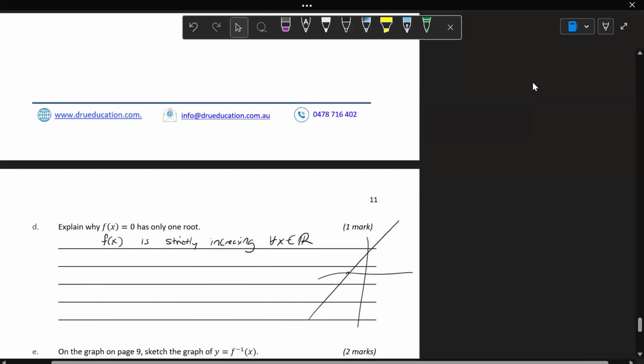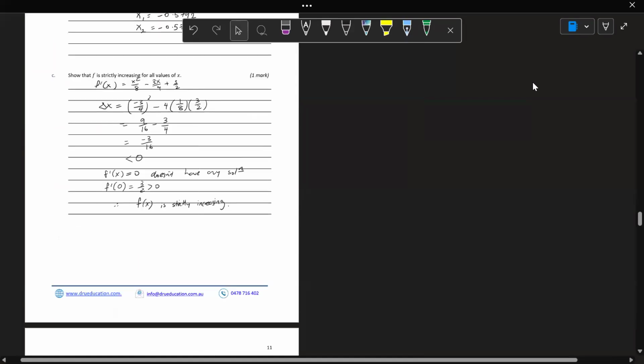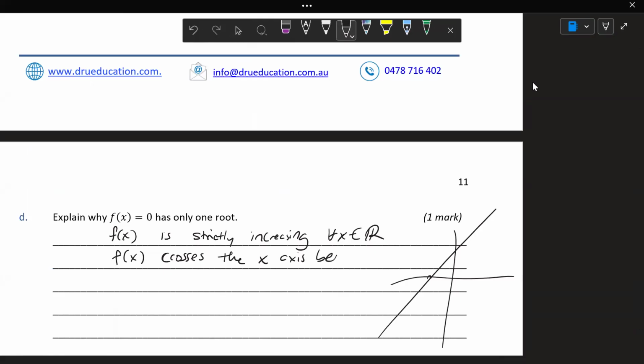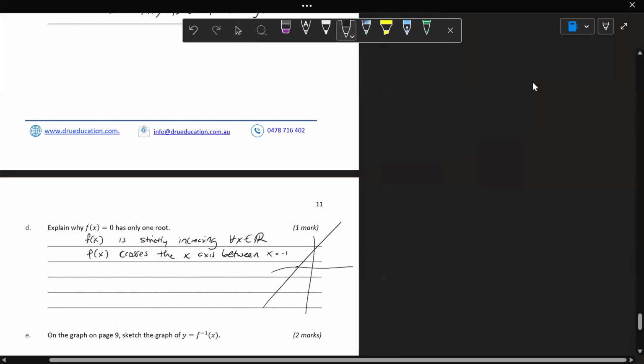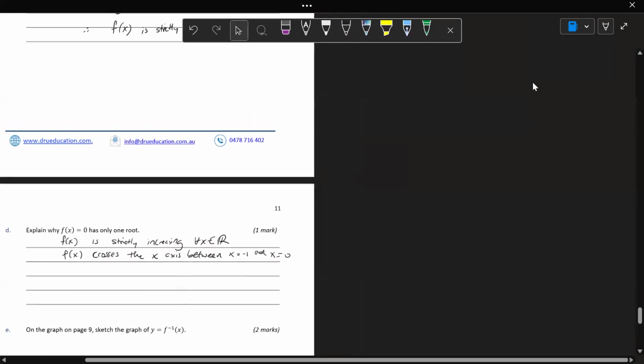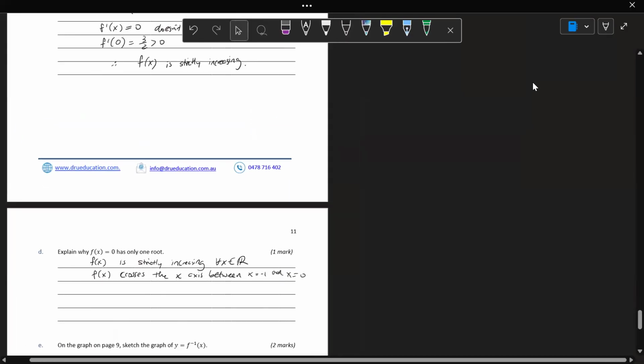I guess we can also write previously, like in part A, f of x crosses the x-axis, and that it's strictly increasing. That proves that it only has one root.